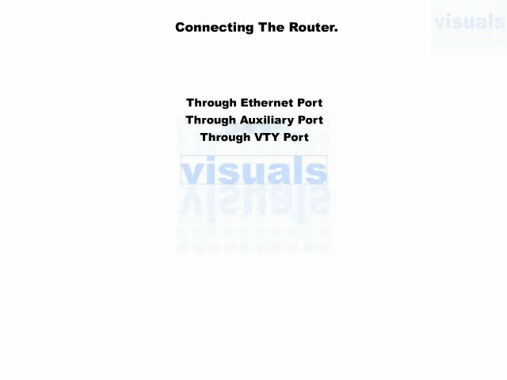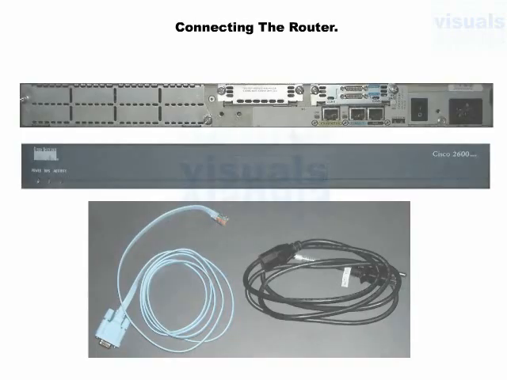Now I'm going to show you the front and back, as I told you. So let me go to the scenario where we're going to do this. Okay, now this is my Cisco 2610 router. This is the front of my router, and this is the back. Now this is the Ethernet port, this one is the console port, and this is the console cable.